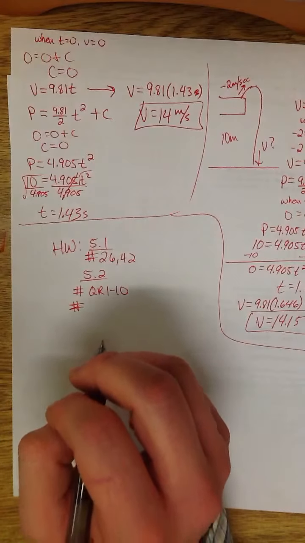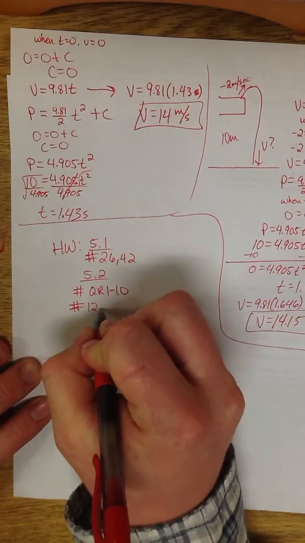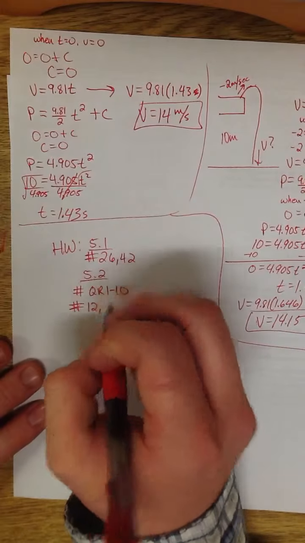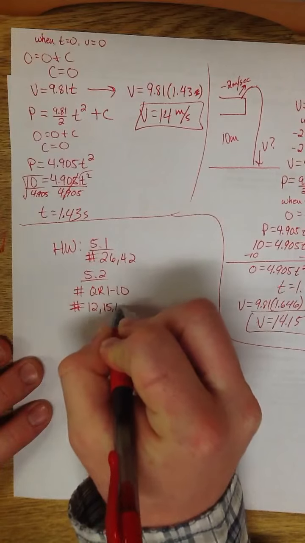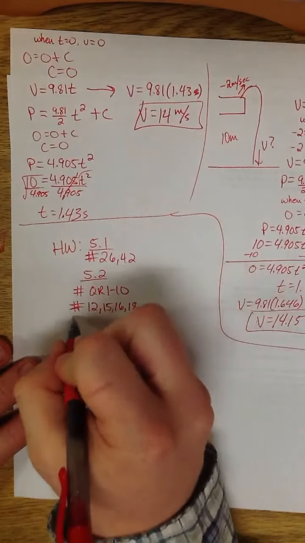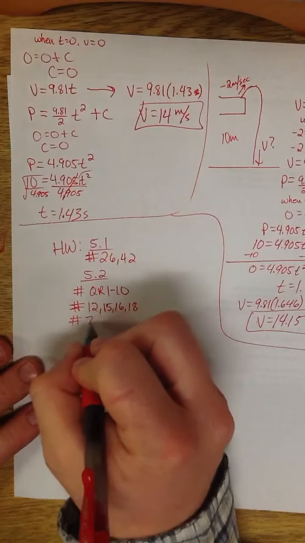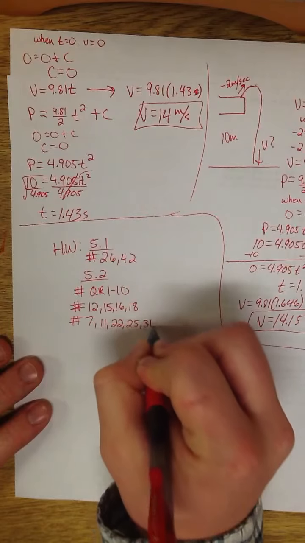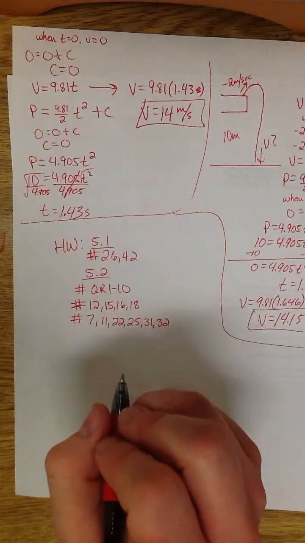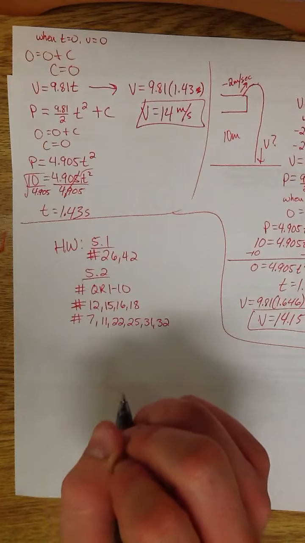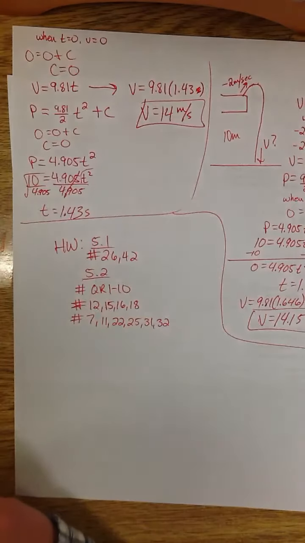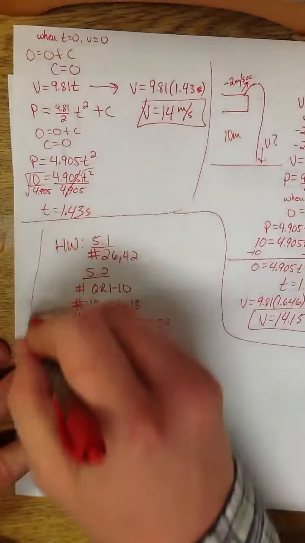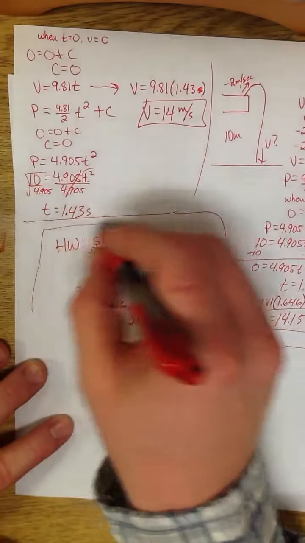I'm going to give you up through 9, so we'll go 12, 15, 16, 18, that's from yesterday, plus the stuff from today would be 7, 11, 22, 25, 31, 32, and, well, I'll leave off. That's plenty. That's a long assignment.